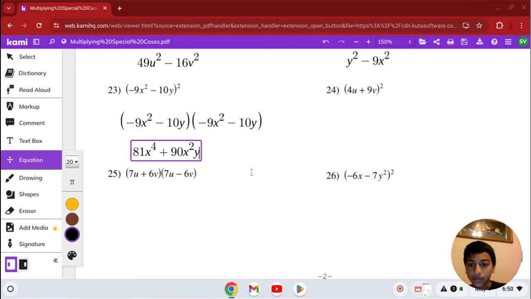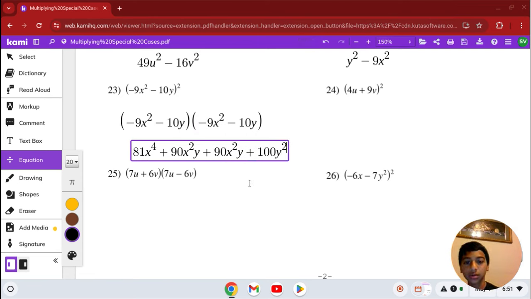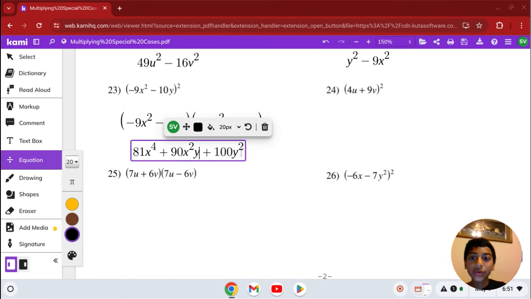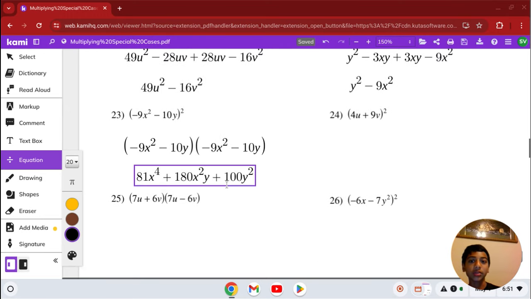And it's going to be plus 90x squared y, plus the same thing, 90x squared y, and plus 100y squared, which the entire thing simplifies to 81x to the fourth plus 180x squared y plus 100y squared. And that's our solution in number 23.